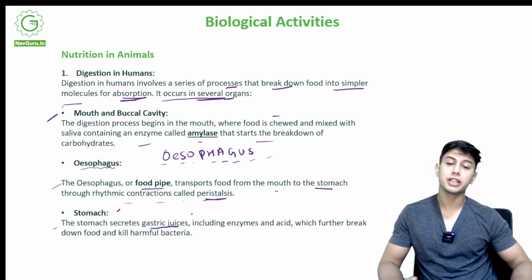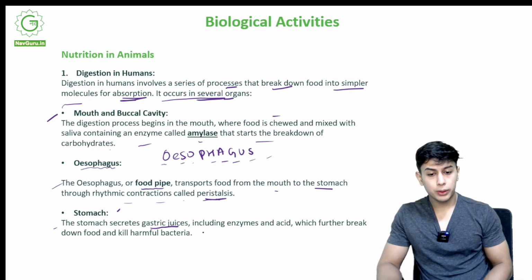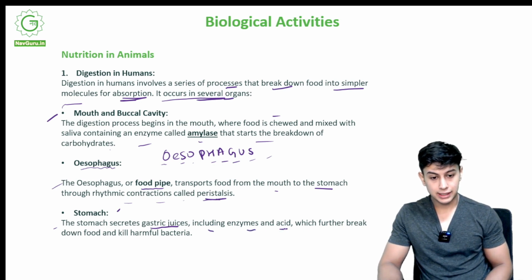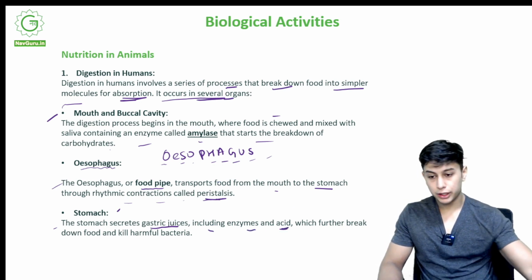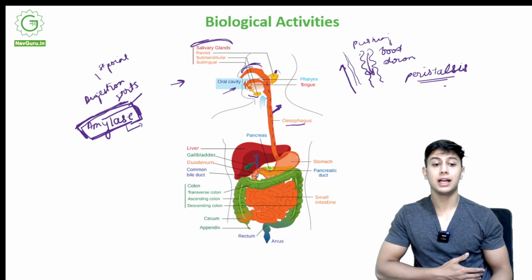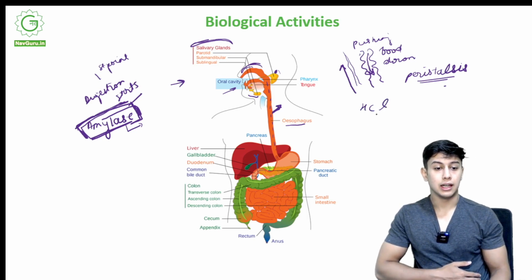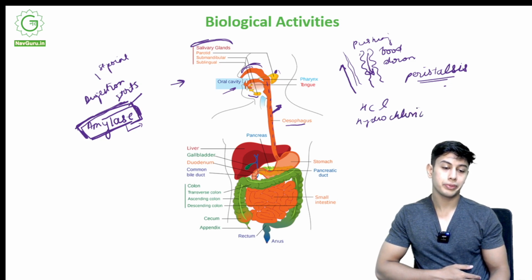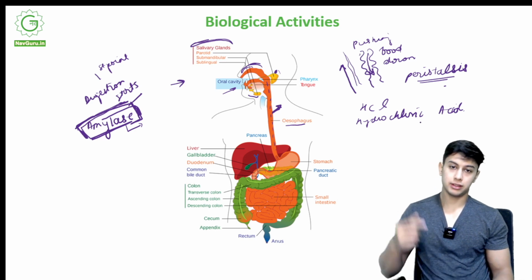Gastric means related to digestion, including enzymes and acid. So if I tell you, will you believe that this stomach has a lot of acid inside it? Our stomach has HCl, hydrochloric acid, present inside it.